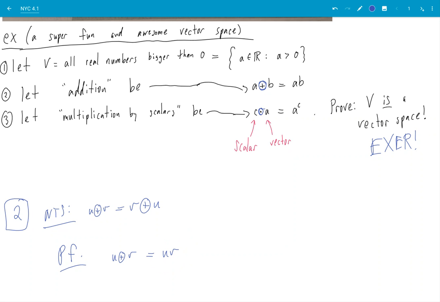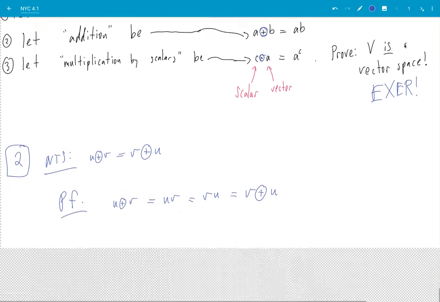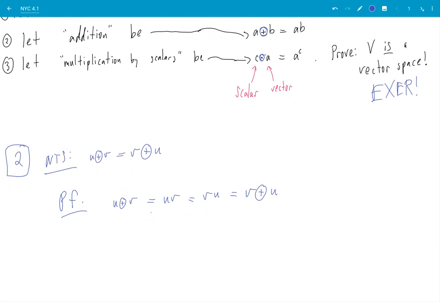For that reason, we can rearrange v and u. And then we use our definition again, but backwards, to get v plus u. Each equal sign can be further justified.